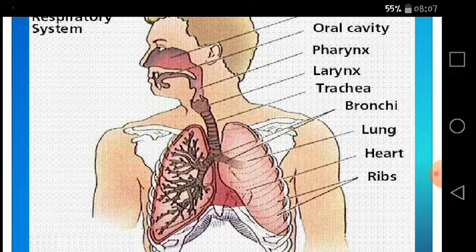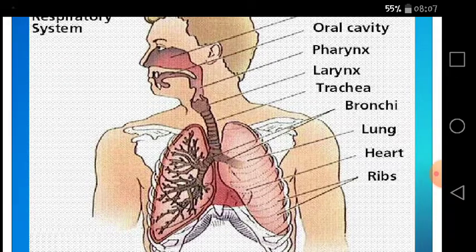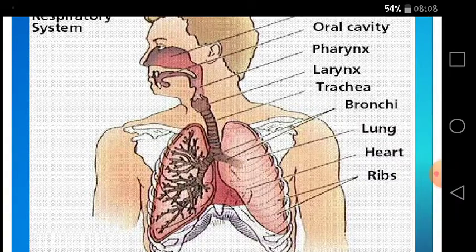The intercostal muscles are present between the ribs, as I have discussed with you earlier, and the pleural cavity surrounds the lungs, and the trachea has cartilaginous rings, as you can see from this diagram.